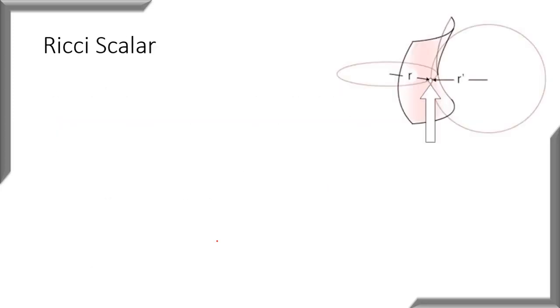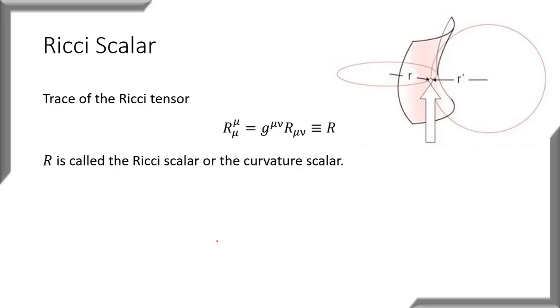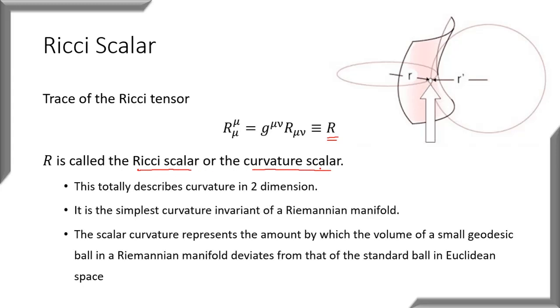We can go for another variation, that is, trace out the Ricci curvature tensor again using a metric tensor, and this will give you a scalar. Using the quotient rule, this will give you a scalar. And this scalar is called the Ricci scalar or the curvature scalar. This Ricci scalar describes the curvature in 2 dimensions.